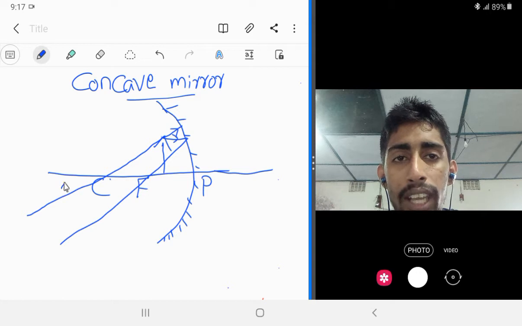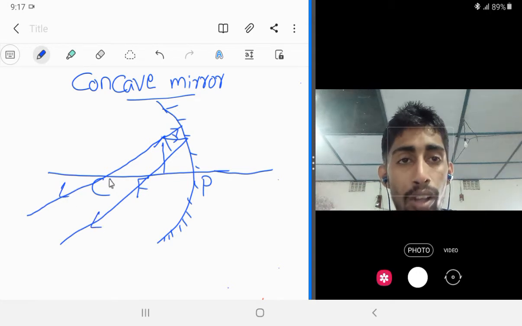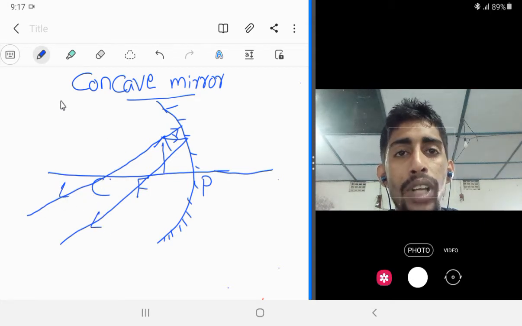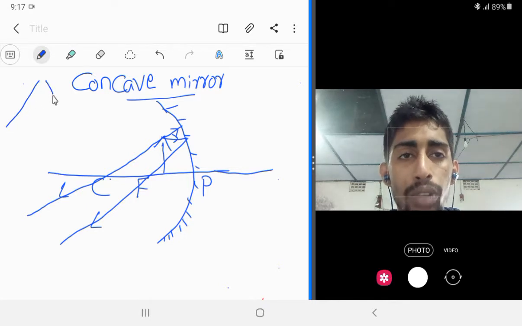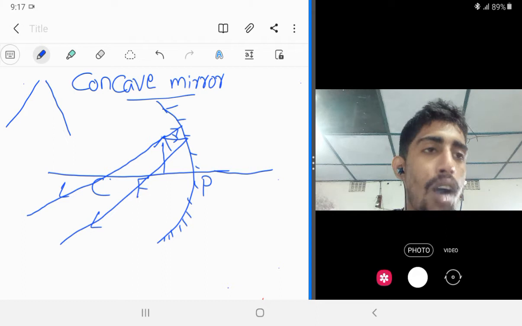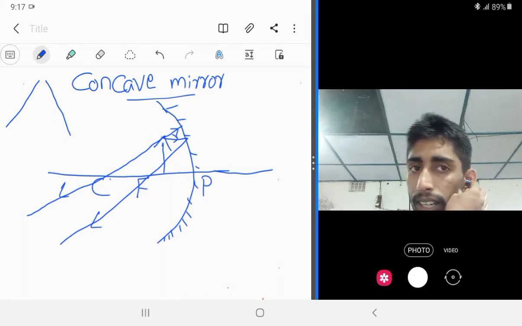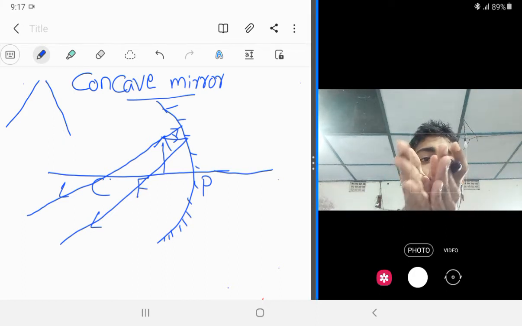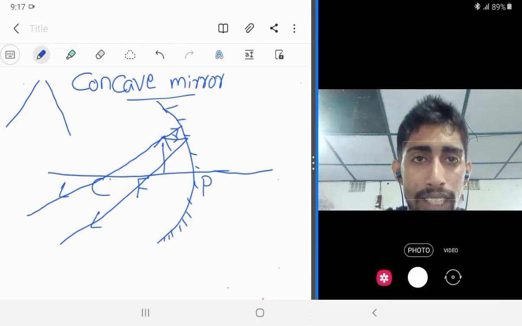You can see here. So in here, you just consider these two light rays. These two light rays are like this only. Correct? Both are not parallel. They are moving away from each other.